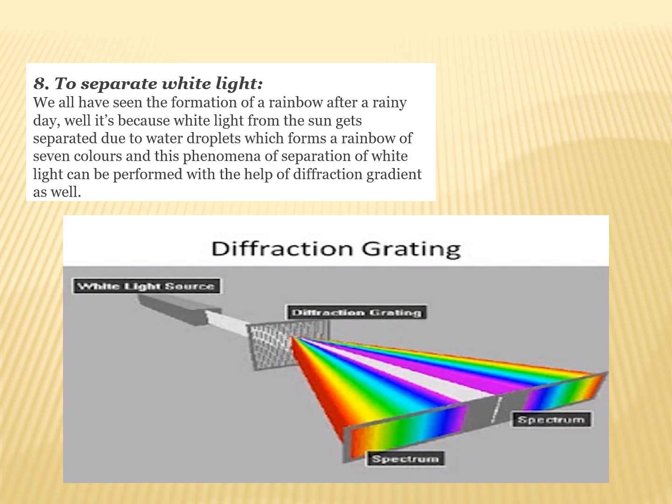The next best example is the diffraction grating. A grating is nothing but a glass plate in which several slits are made. The formation of a rainbow after a rainy day well explains this phenomenon.